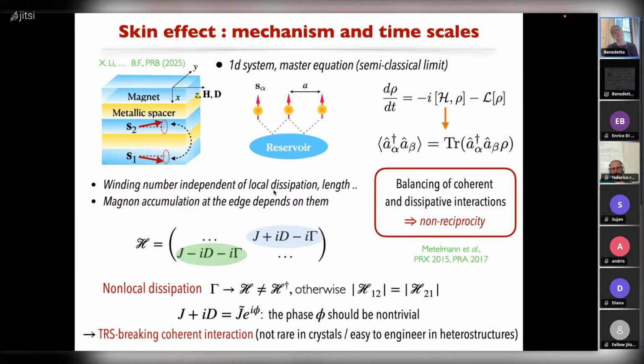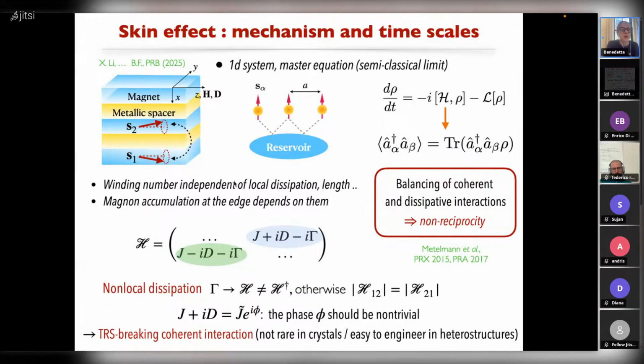what this project gave us in terms of insights was something that a posteriori is quite obvious, but I think was a bit hidden, at least from my perspective, in all these very formal, abstract non-Hermitian theories, which is that you can have a Hamiltonian that displays a non-Hermitian skin effect. You can have a finite winding number, but at the end of the day, that's not enough to answer the following question: if I inject some spin in the middle of the chain, will I see some non-reciprocal accumulation?